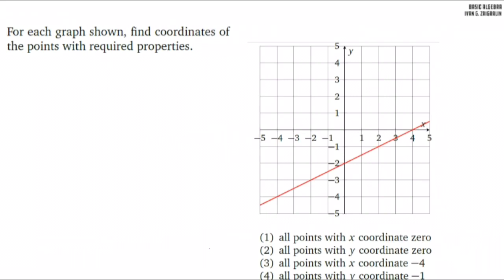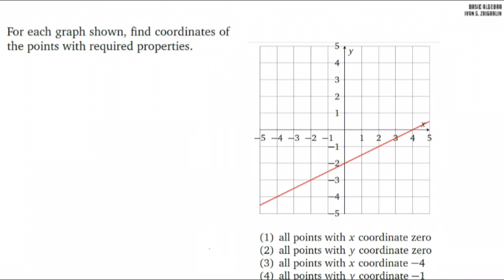The next question: for each graph shown, find coordinates of the points with required properties. On this graph, we want to find all the points that are asked in this question. So A, all points with x coordinate 0.